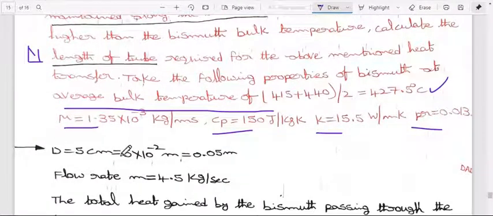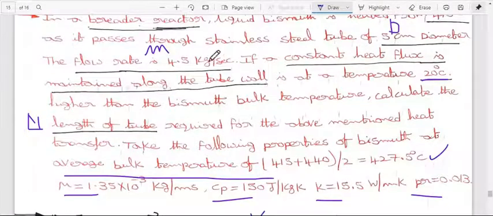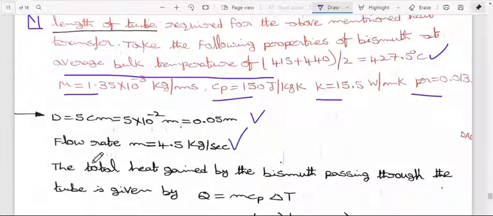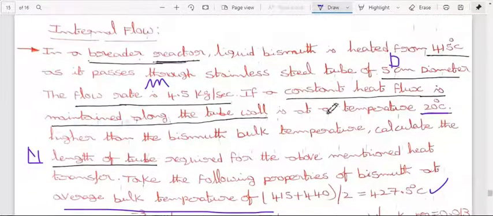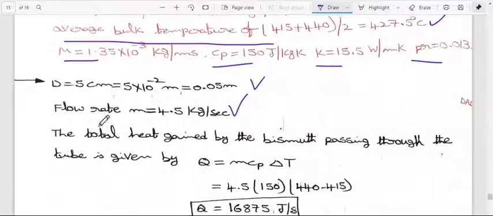So here D equal to 5 centimeters, that is equal to 0.05 meters. What is the flow rate? 4.5 kg per second. And the total heat gained by the bismuth passing through the tube is given.